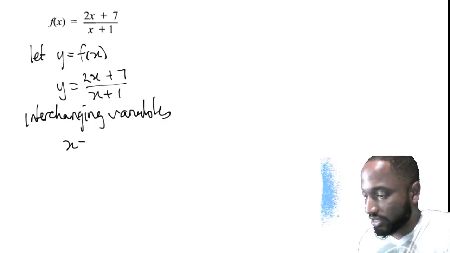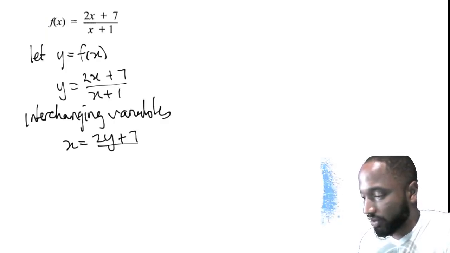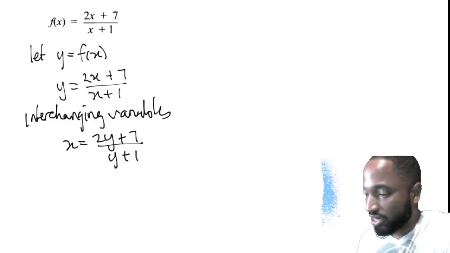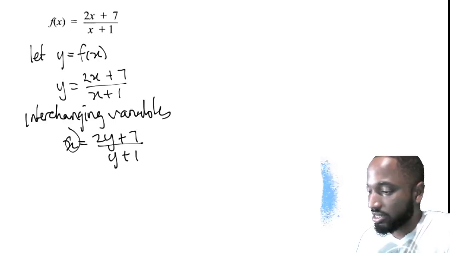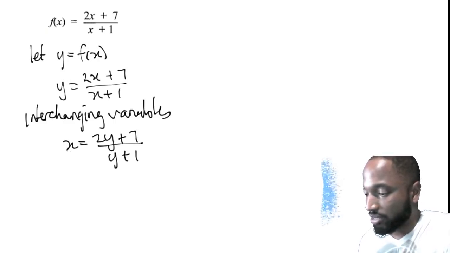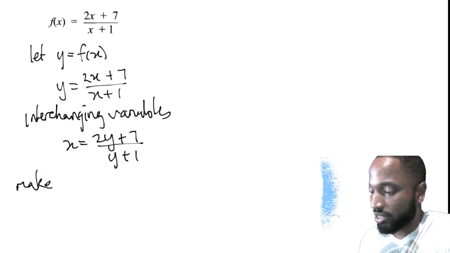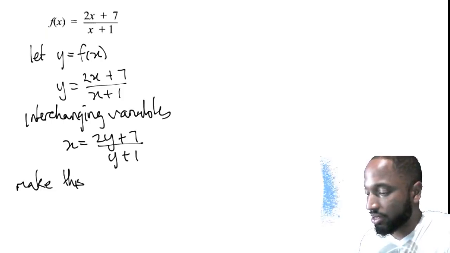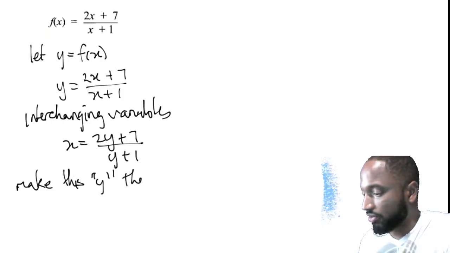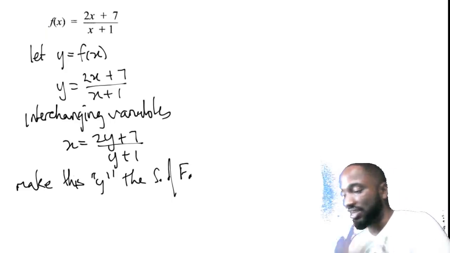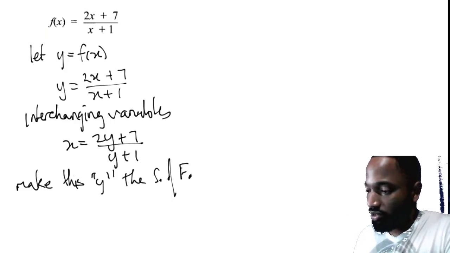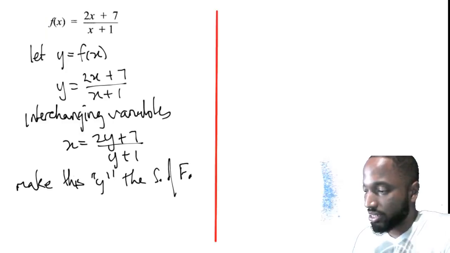So now you'll have x is equal to 2y plus 7 over y plus 1. In other words, anywhere you see x get turned into y, anywhere you see y get turned into x. And now you say make y the subject of the formula.